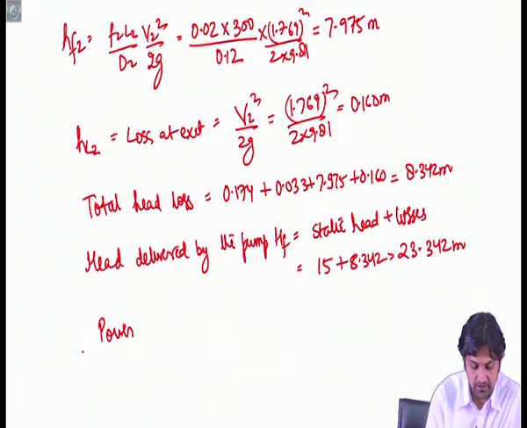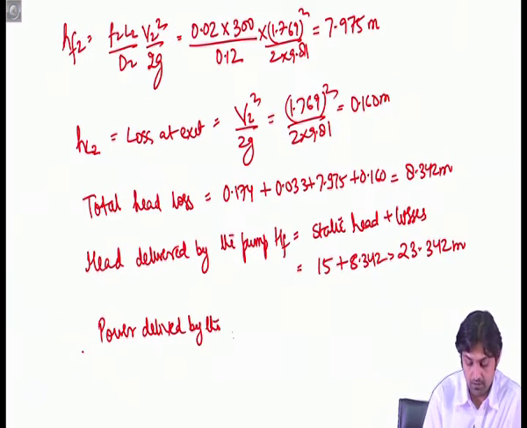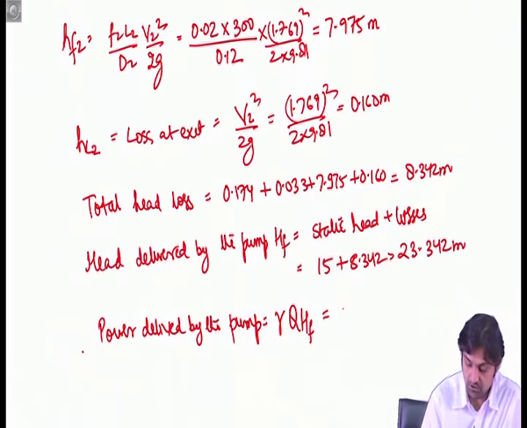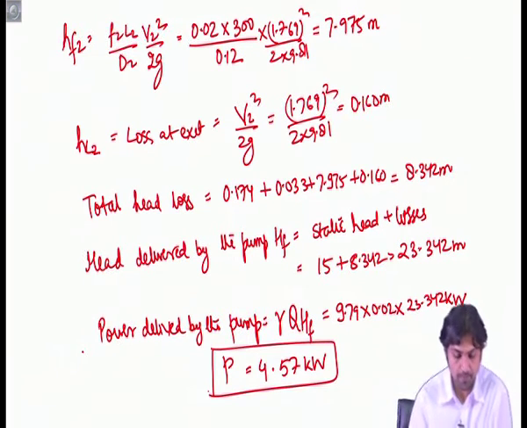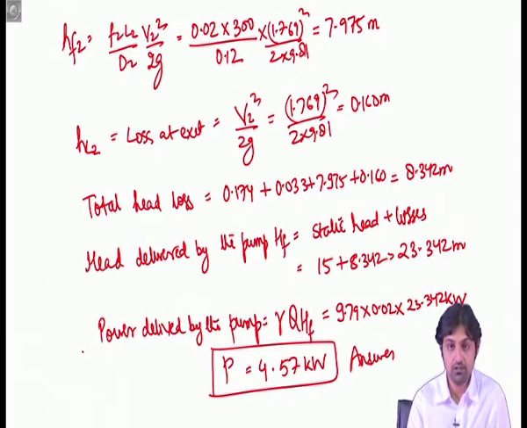Therefore, the power delivered by the pump is gamma Q H, where H is the total head. So 9.79 into Q, which is 0.02, into 23.342 kilowatt. If you calculate, it is 4.7 kilowatt. Okay, so for the first part we have got this as the answer.